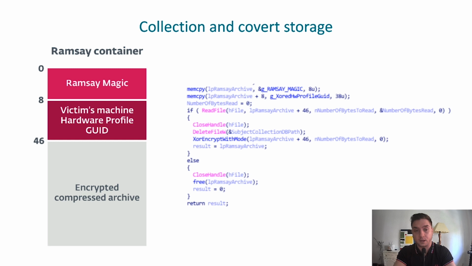Then Ramsay will transform the memory instance in order to create what we call Ramsay containers. The structure of Ramsay containers is the following. We have a Ramsay magic, as we can see. Then we have the victim machine's hardware profile GUID. And then we have the compressed archive itself. However, an XOR layer will be applied to it.